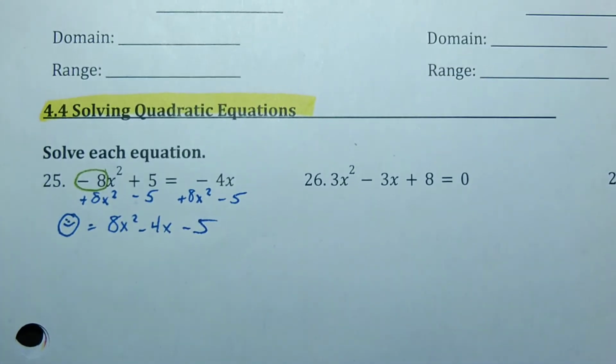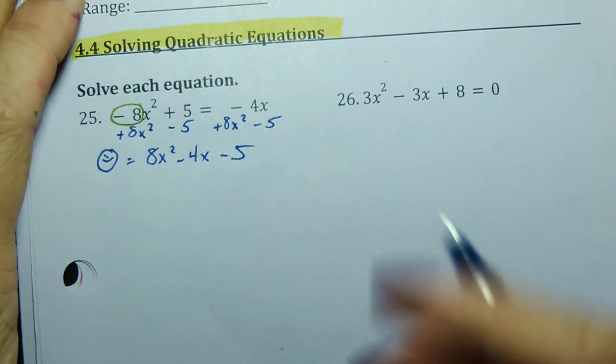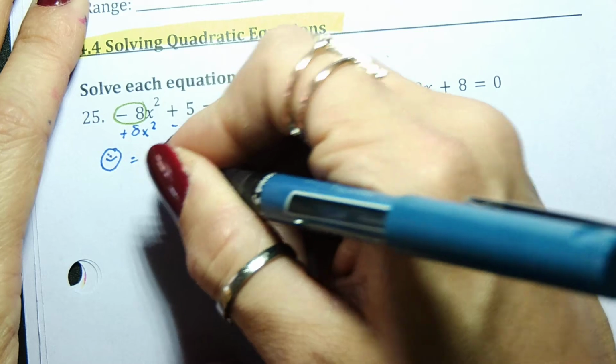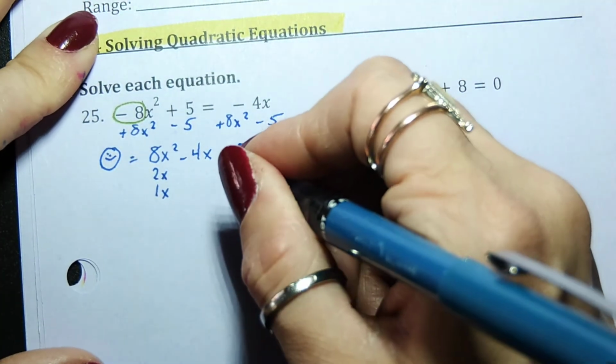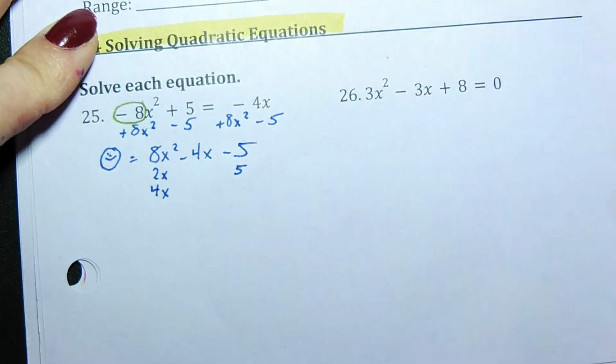This is not my absolute favorite quadratic to look at. I think it's going to be kind of nasty to try to factor, but we're going to go for it. We're going to try all possible combinations. So I'm going to start with my factors of 8 that are closest together. So 2x and 4x, my bad. 2x and 4x.